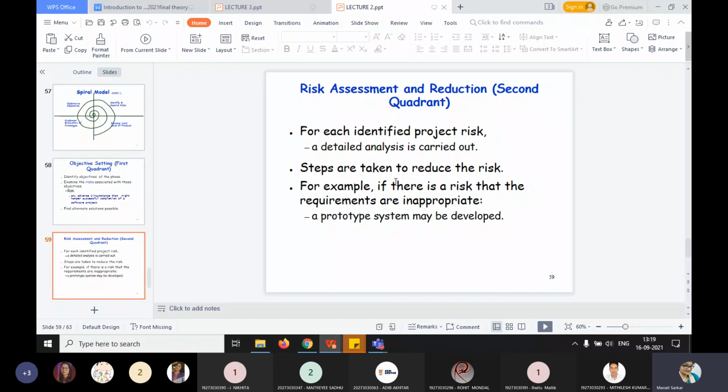For example, if there is a risk that the requirements are inappropriate, a prototype system may be developed.